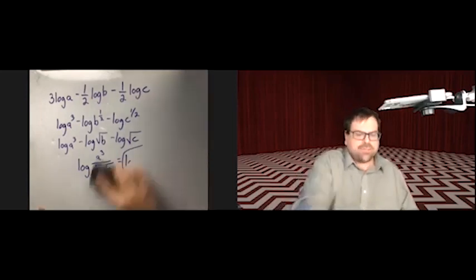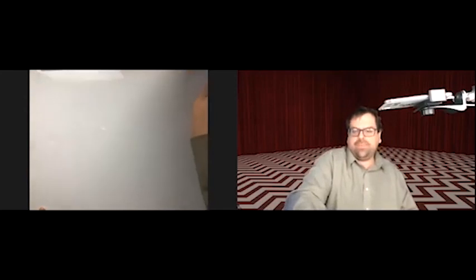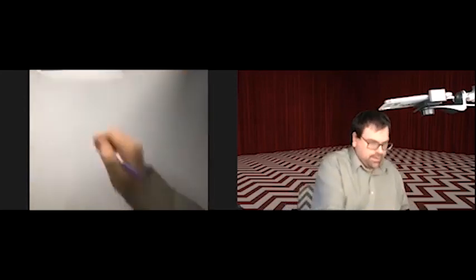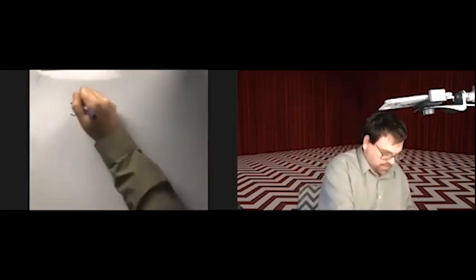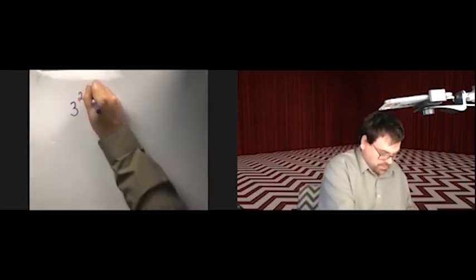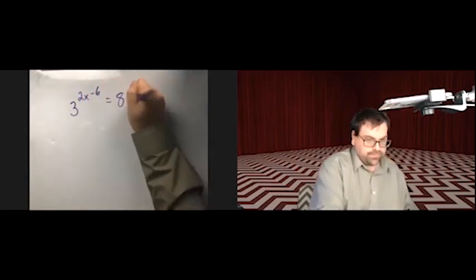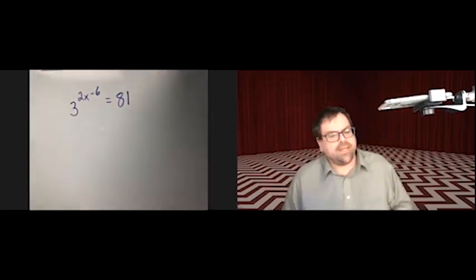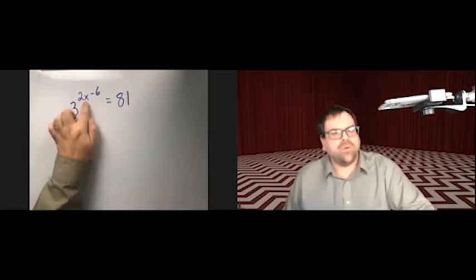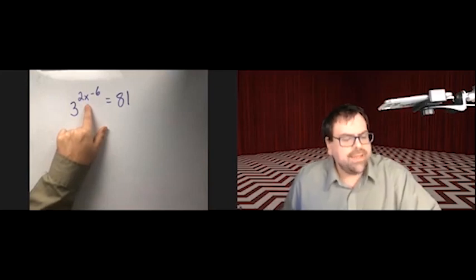Next, I want to show an exponential equation and how we can solve that. Let's say we had something like 3 to the 2x minus 6 equals 81, where the x that we want to solve for is in the very top, in the exponent.